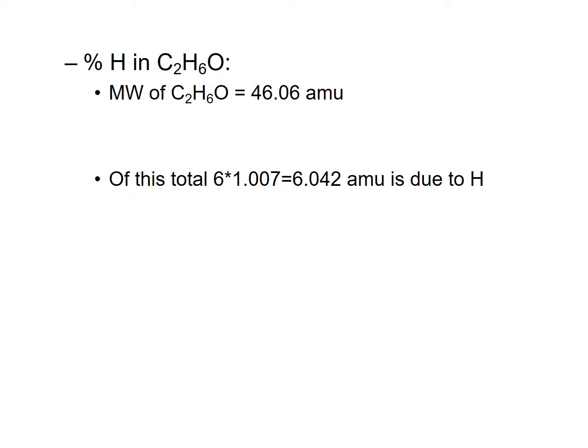And then of this total, I see that 6 times 1.007, 1.007 is the atomic mass of hydrogen. 6 times that, or 6.042 atomic mass units, is due to hydrogen.